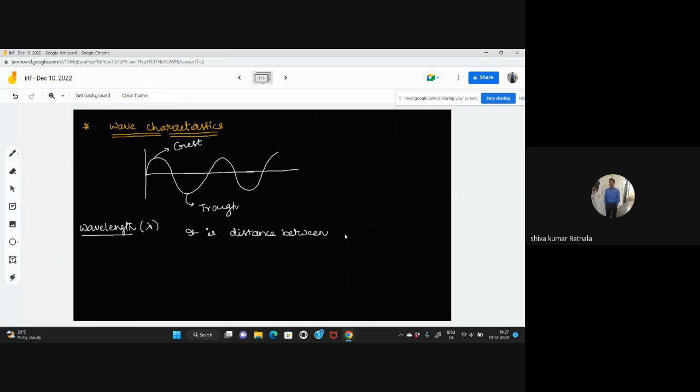Take it is the distance between successive crests or troughs. This distance is there, no? This distance only we are saying is lambda, wavelength, and it is represented by lambda. Sir, the upper part of a wave is crest and the bottom part of the wave is trough, sir. Yes, yes.